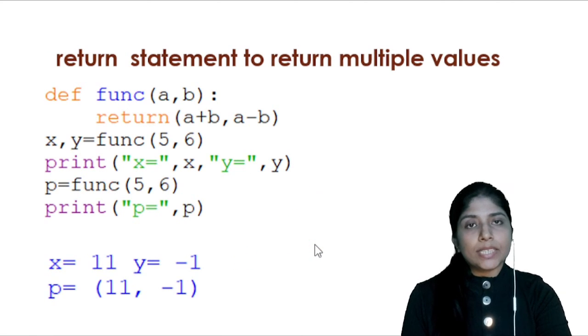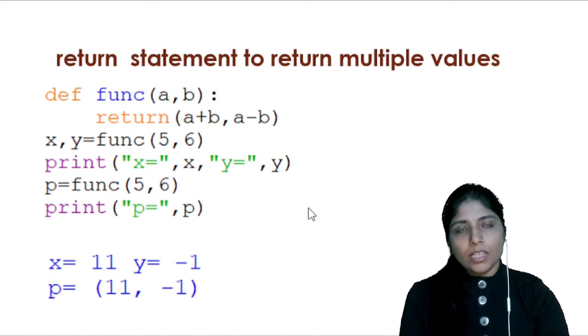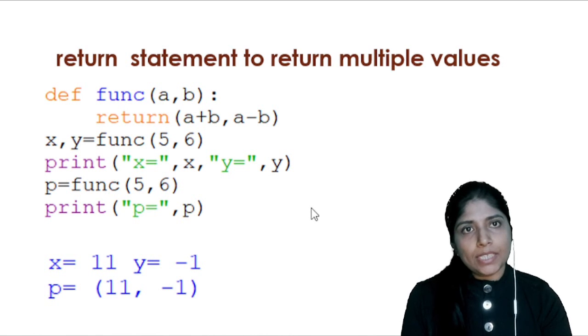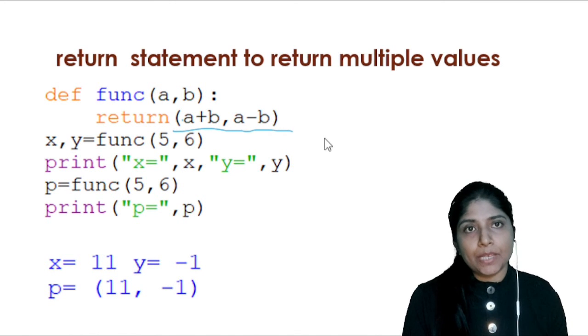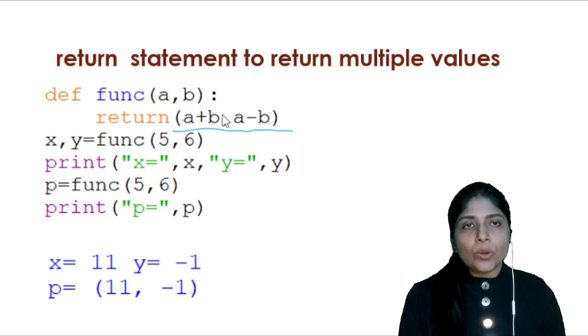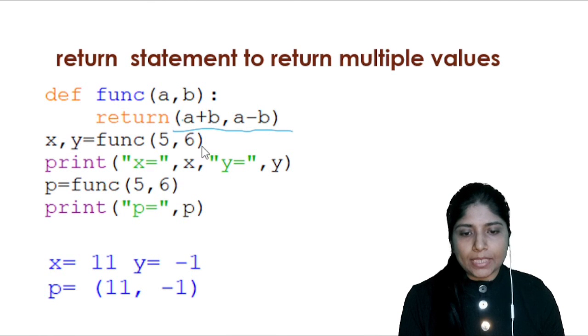Now the return statement can return multiple values. These values are returned normally in tuple format. Here in this example, you can see that I am returning two values, a plus b and a minus b. So I have made two function calls here so that you can get a better understanding.